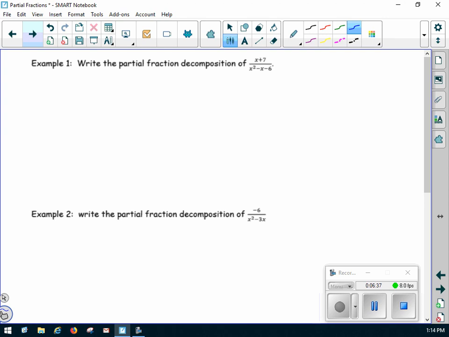Example 1 is the problem that was on the front, so you already know the answer. You just have to figure out how to make it work. Before we do it, don't write anything down. I need you to think here.